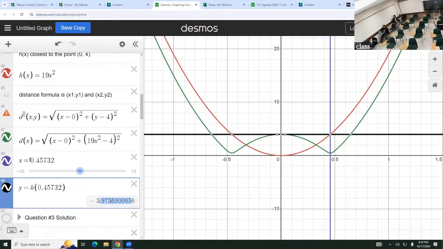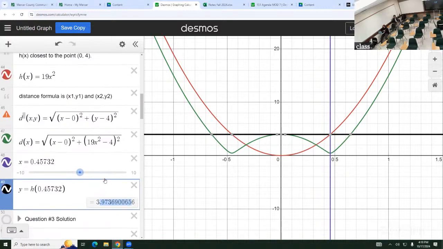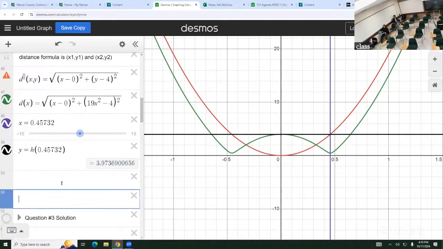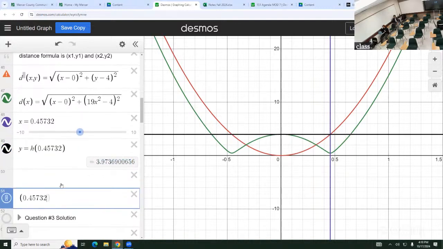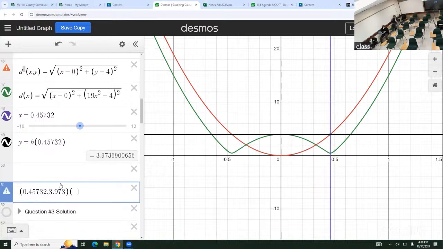There's another answer with the minus. So there's more than one answer. It's just find the points. The other point is the exact same point, except the points look like this. It's that, 9, 7, 3. And the other one is this minus that.